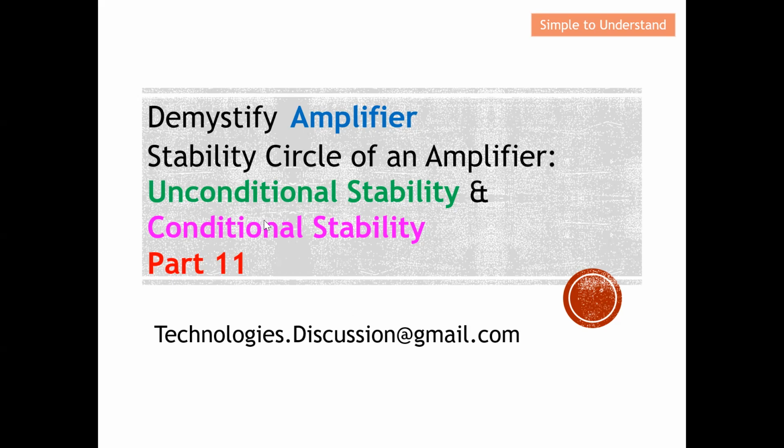Hence this form of design is classified as conditional stability. So in short, in this video, I'm going to highlight the key difference between unconditional stability and conditional stability. This will be part 11 of the series discussion on amplifiers.